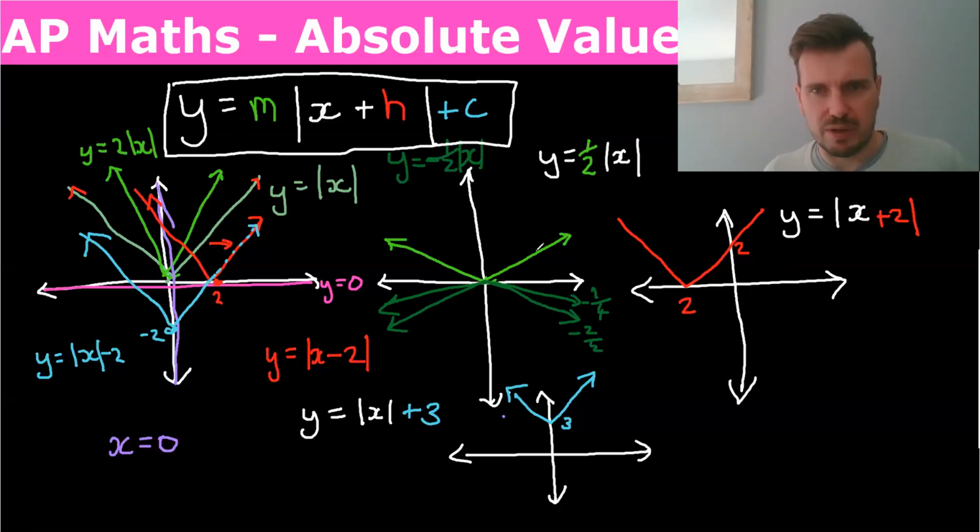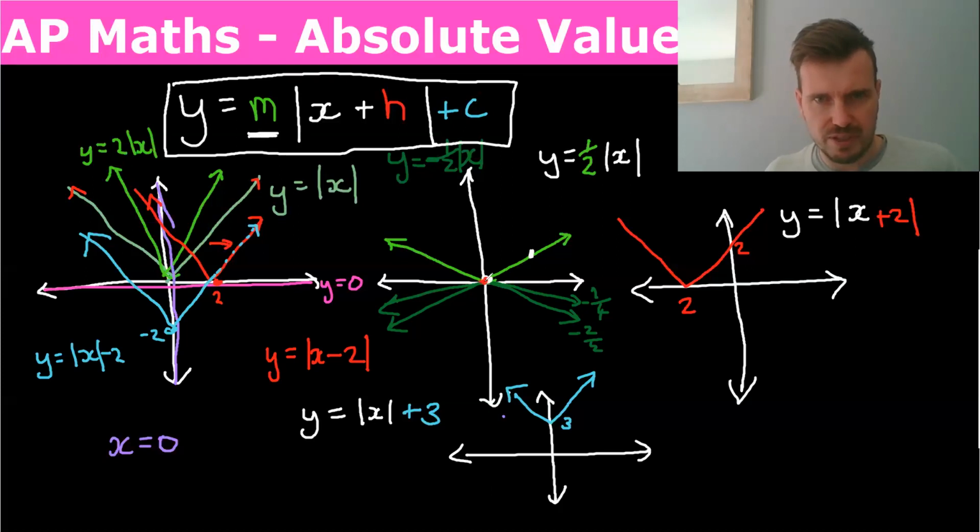And if they give you 2 points on the graph, you can use those to calculate your m. And this here is called the salient point.